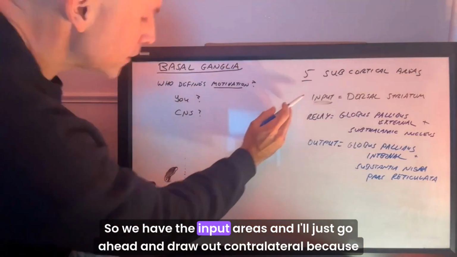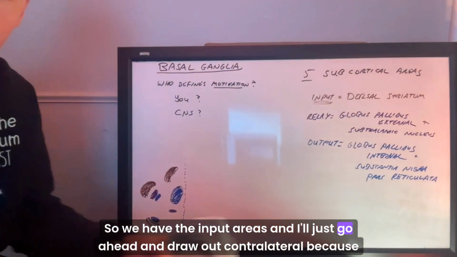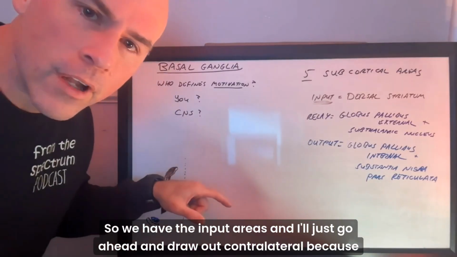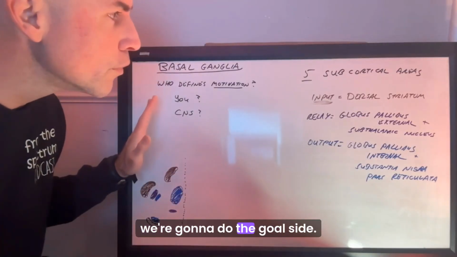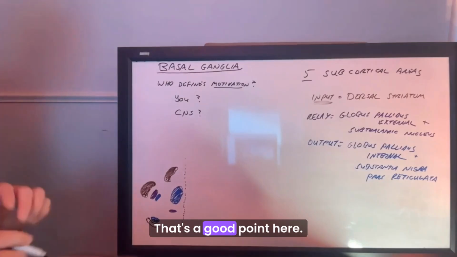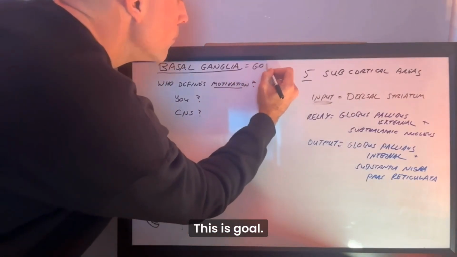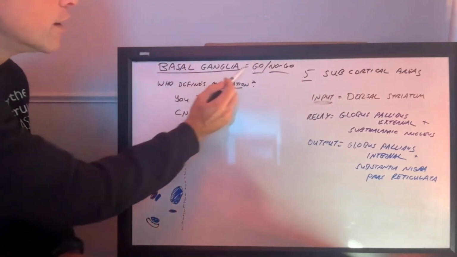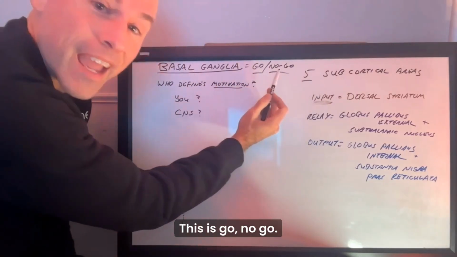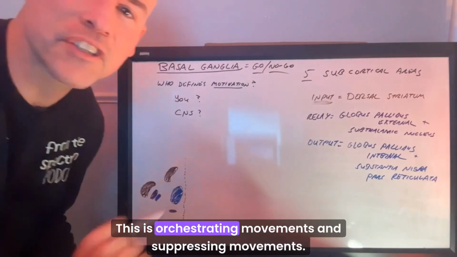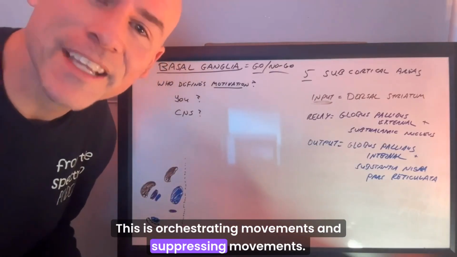So we have the input areas, and I'll just go ahead and draw out contralateral because we're going to do the go side. That's a good point here. This is go, no go. This is orchestrating movements and suppressing movements.